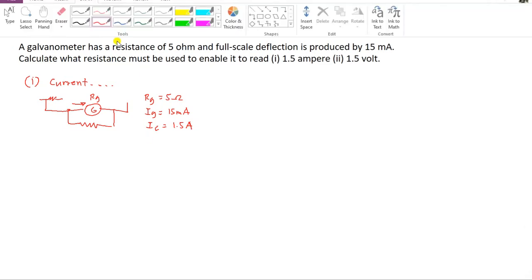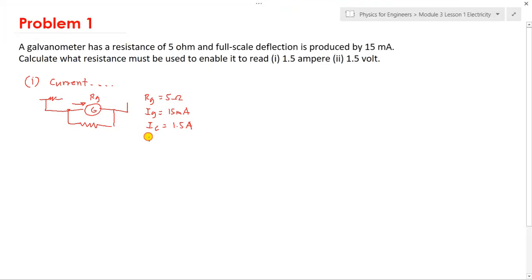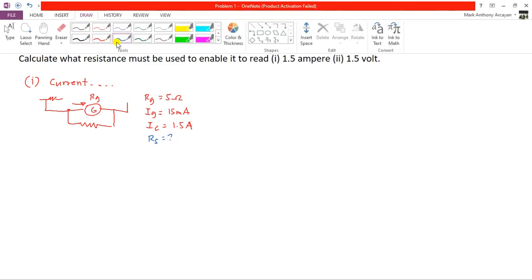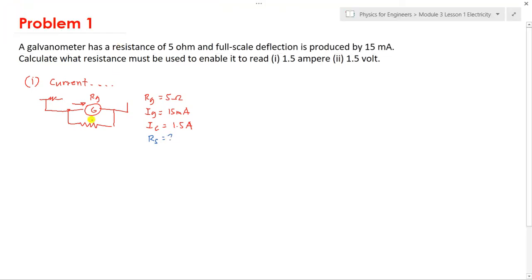What we need to find here is RS, the resistance needed for our shunt. Calculate what resistance must be used to enable it to read 1.5 ampere. So solving for RS, let's follow.